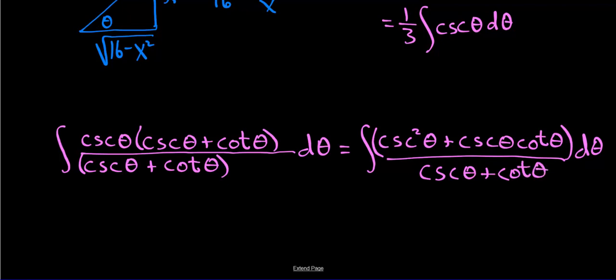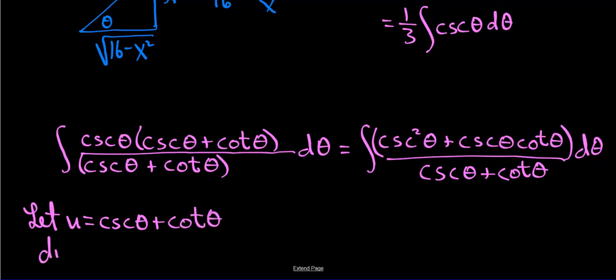Okay, now I'm going to let u equal that bottom, cosecant theta plus cotangent theta. If I do that, then notice that du is negative cosecant theta cotangent theta minus cosecant squared theta.